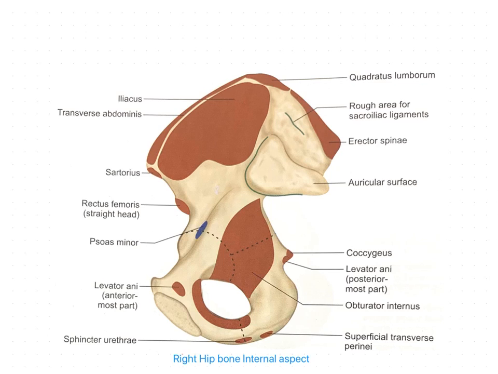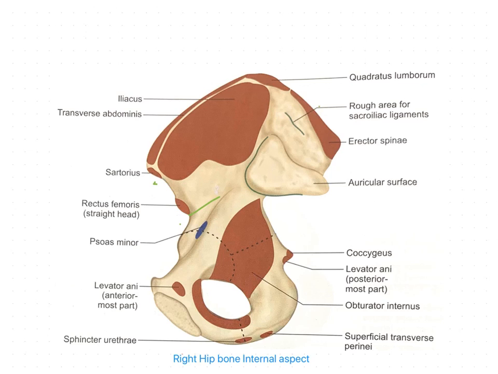Normally the pelvic floor muscles are attached at the pubis and somewhat in the ischial region. On the internal aspect you can find the pelvic floor muscles. We can also see some sartorius here, and the iliac crest that we are observing becomes the inner lip.